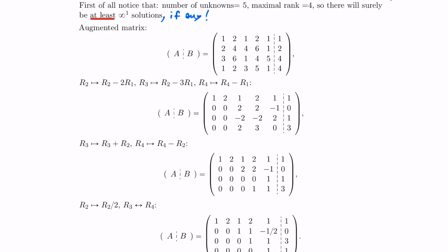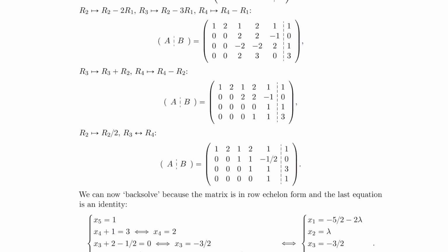In this way, I created the pivot of the first row. Then I performed these transformations, arriving to this matrix here. And finally, I created the pivot of the second and the third row with these transformations.